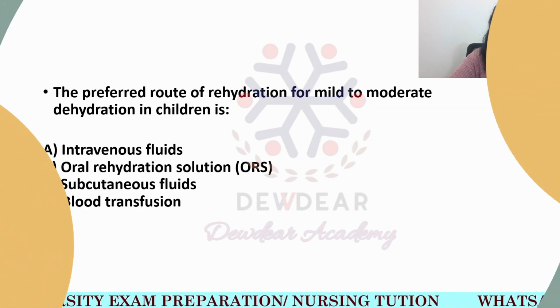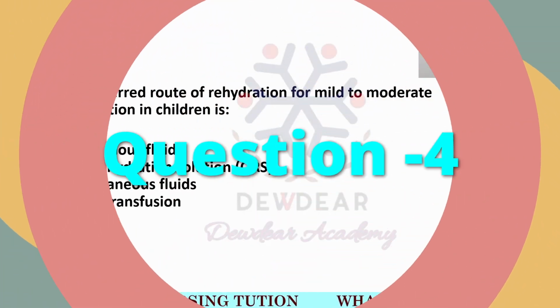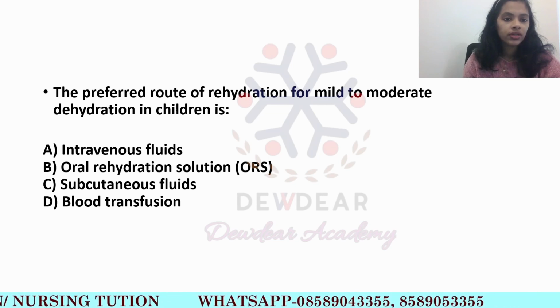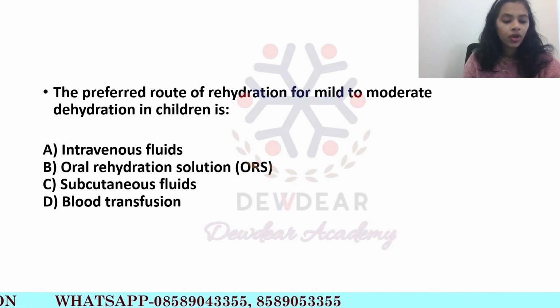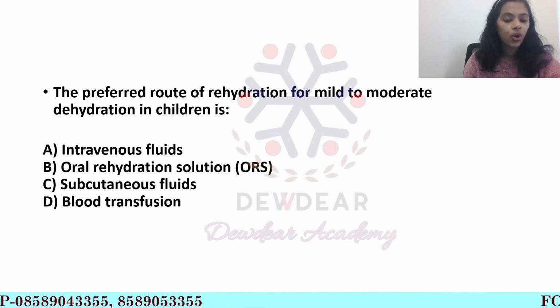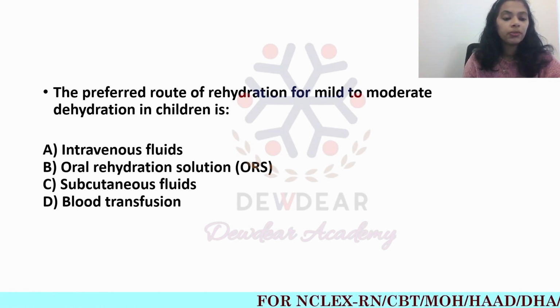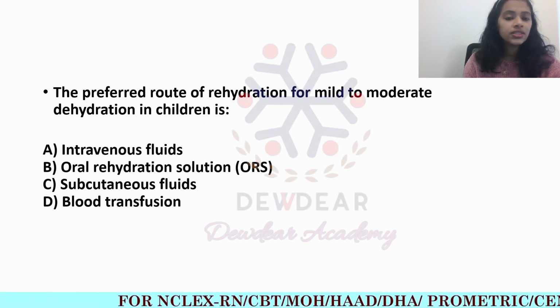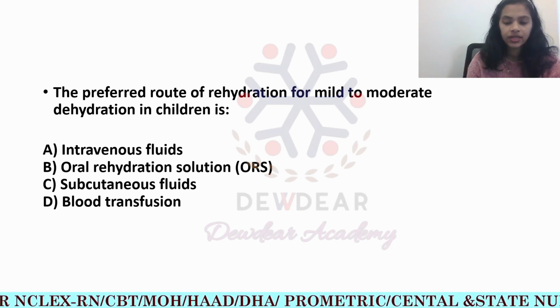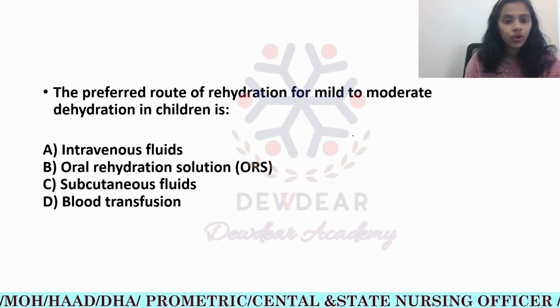Then the next question: the preferred route of rehydration for mild to moderate dehydration in children is. Options are intravenous fluids, oral rehydration solution, subcutaneous fluids, and option D, blood transfusion. So which is the preferred route of rehydration for mild to moderate dehydration?